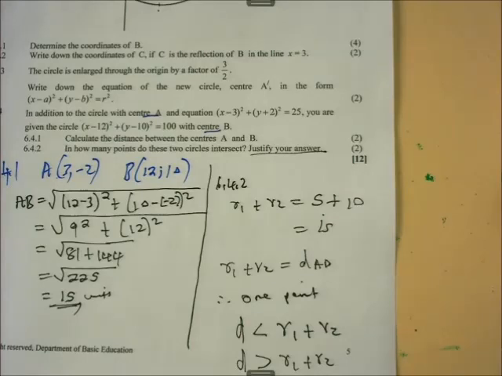Boys and girls, this is very, very important. You need to remember this as well. You just have to find the distance between the two centers, and then find the sum of the radii. If they are equal, there is 1 point. If the distance is greater, there is no intersection. If the distance is less than the sum of the two radii, then they intersect at more than one point, which is very, very important. Right, boys and girls, that was question 6.